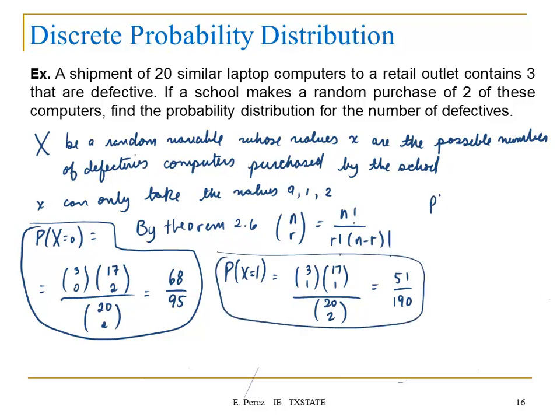And for the probability of x equals 2, from the 3 you select 2, then from the 17 you select 0 that are non-defective, and the total, and that will give you 3 over 190.